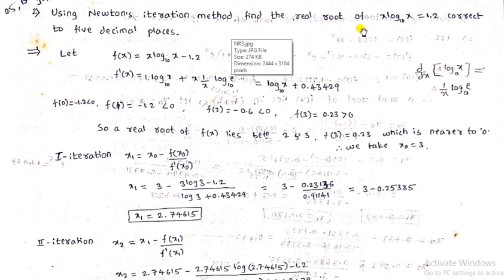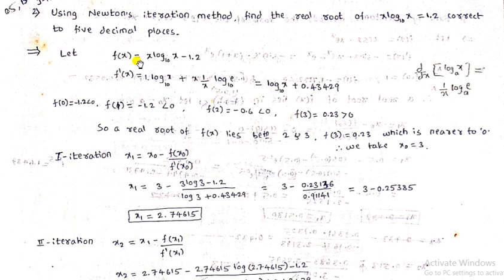So in this problem they have not given the initial approximation. So first step is we will calculate the initial approximation by substituting the value of x equal to 0, 1, 2, 3, 4 etc. in f of x function, such that we require one positive value and another negative value according to intermediate value property. So start from 0. So substitute here x value as 0.